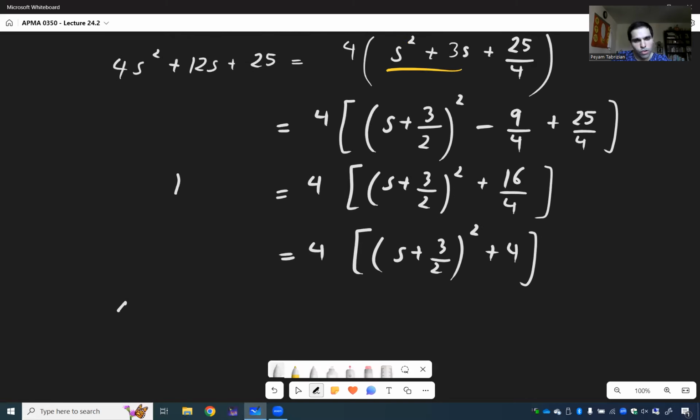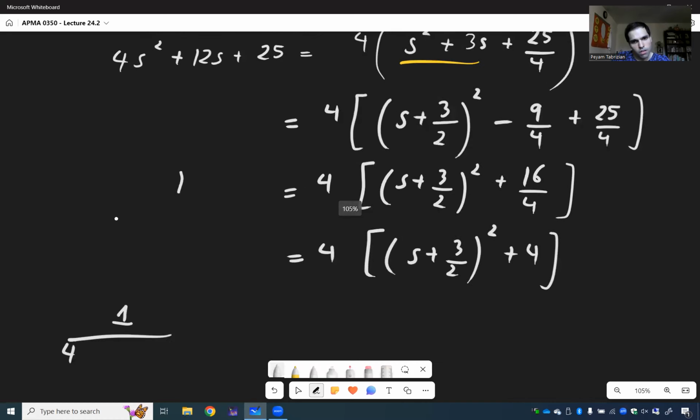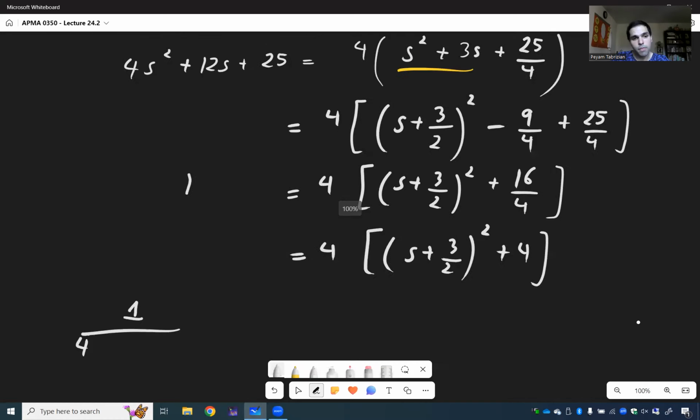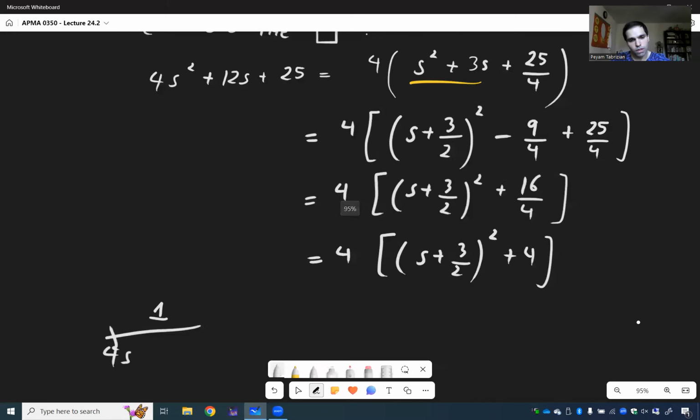So 1 over 4s squared plus 12s plus 25 now becomes 1/4 times 1 over that whole thing.